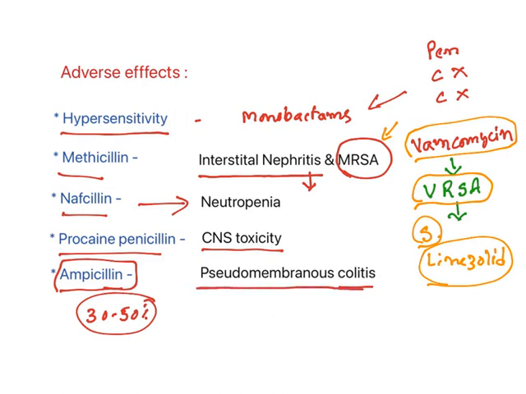It may cause pseudomembranous colitis. This is known as superinfection. This superinfection will result in pseudomembranous colitis, and this can be a problematic one. Again, this is treated by vancomycin. So these are all the adverse effects of penicillins.